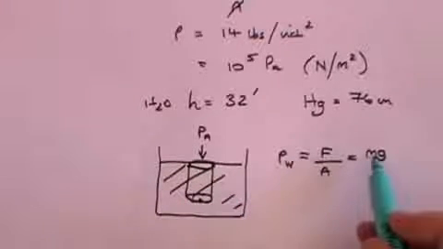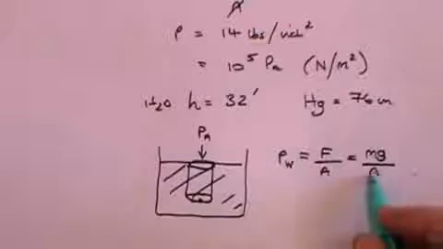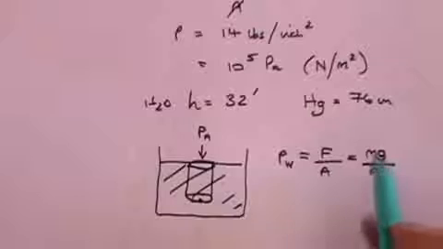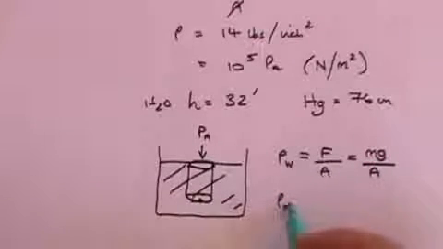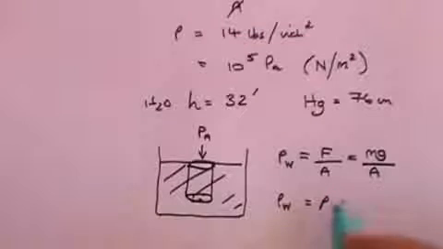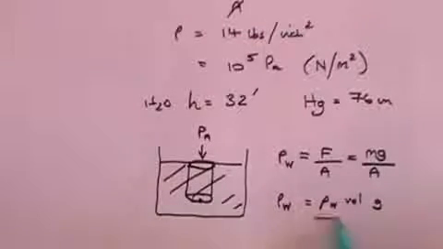So it's the mass of the water times g, the gravitational force, divided by A. But what is the mass? Well, as before, we can say that the mass is the density of water multiplied by the volume of water. So the pressure is equal to the density of water times the volume of water times g divided by A.